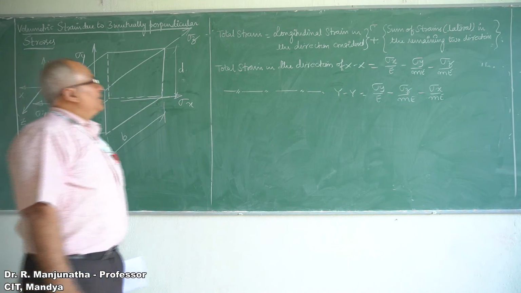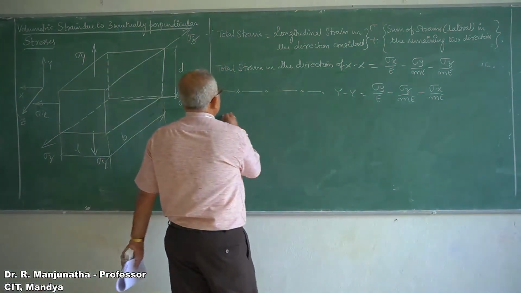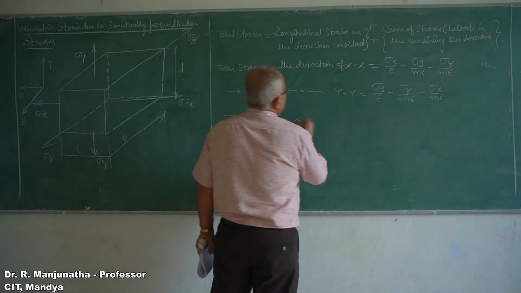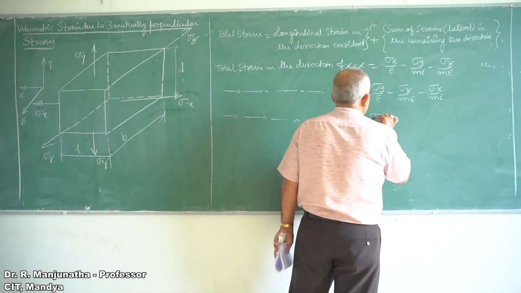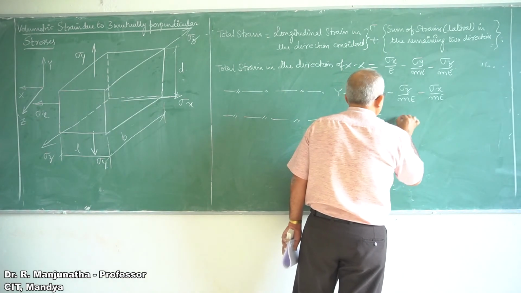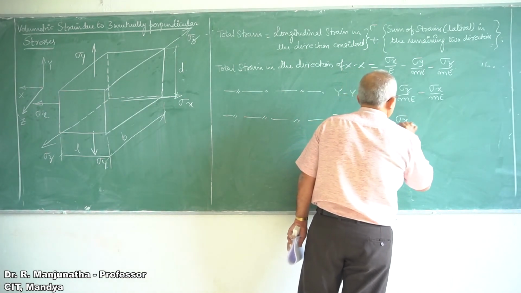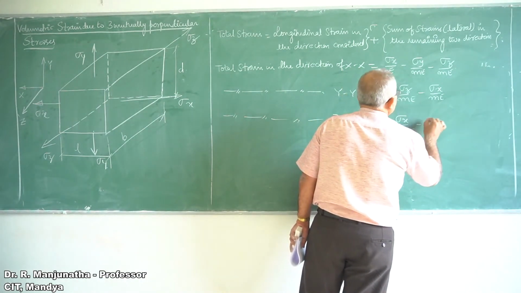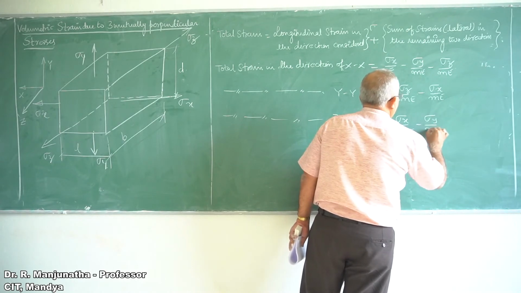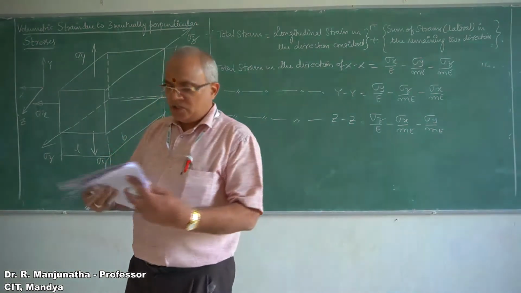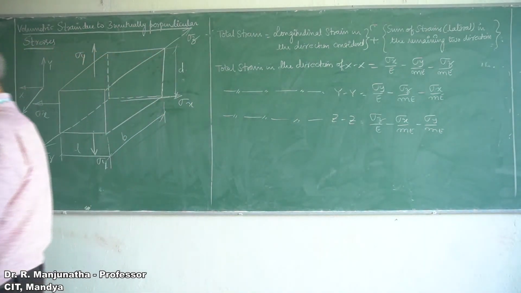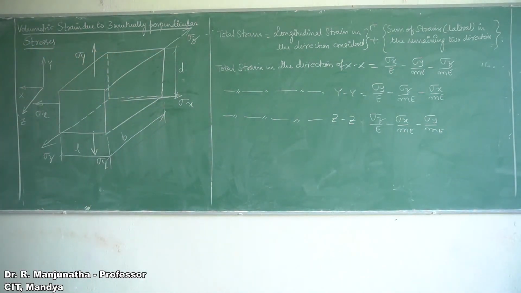Now similarly, if you are considering the total strain in the direction of ZZ, which will be equal to sigma Z by E minus sigma X by m into E minus sigma Y by m into E. So this is the net strain along each direction.